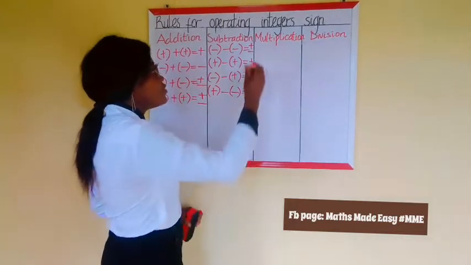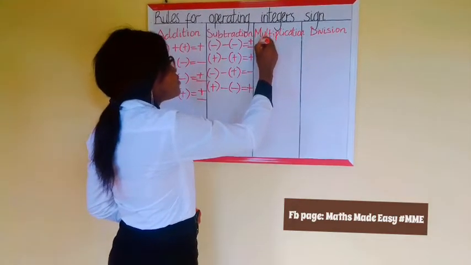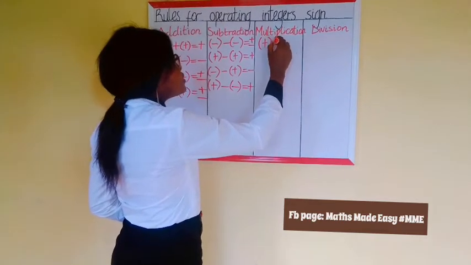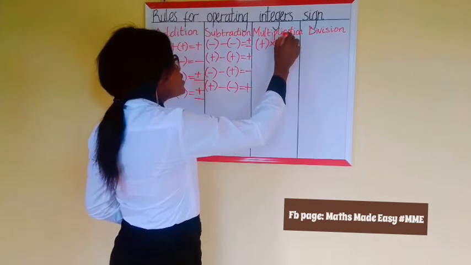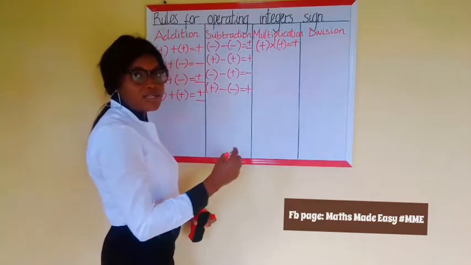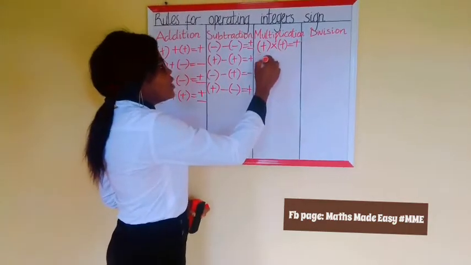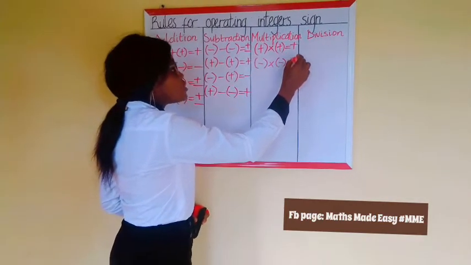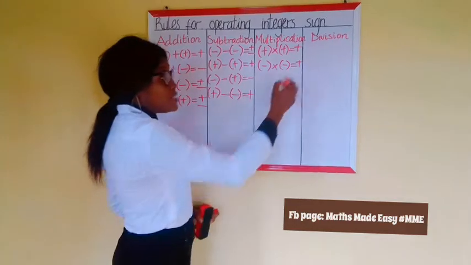For multiplication, we have positive times positive number equals a positive answer. Negative times a negative number equals a positive answer.